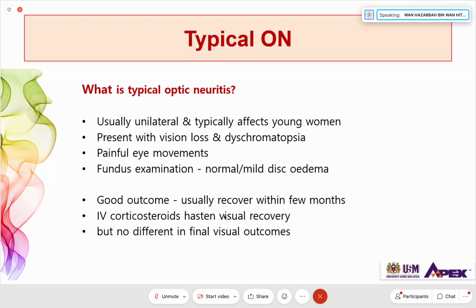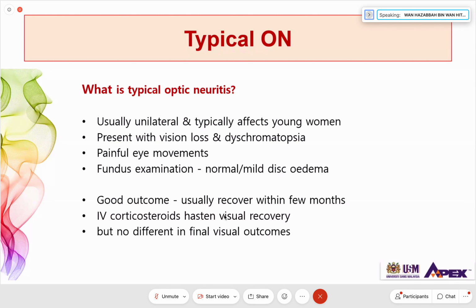Like I mentioned before, on fundus examination of the optic disc, most patients may present with a normal appearance. Some may present with just a very mild optic disc swelling. In typical optic neuritis, most of the time the visual outcome is very good.